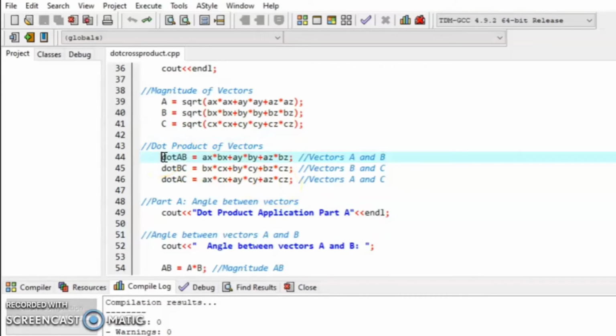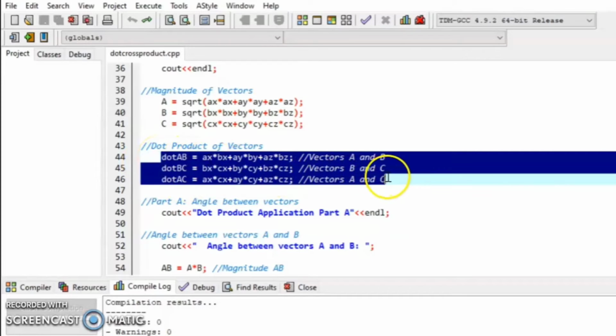So this is the dot product of vectors A and B, then vectors B and C, then vectors A and C. Simply ax times bx plus ay times by plus az times bz, and just substitute for BC and AC. It's the same, but with different components or variables since they are different vectors. So that's the program for the dot product of vectors.